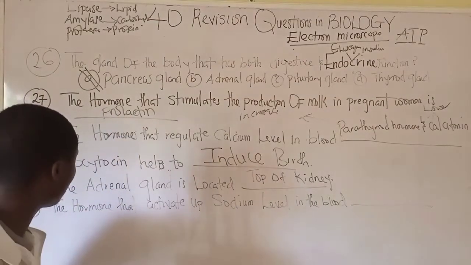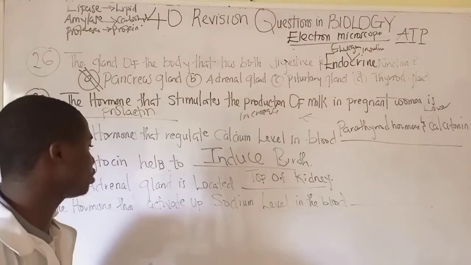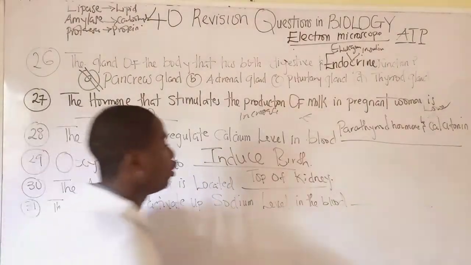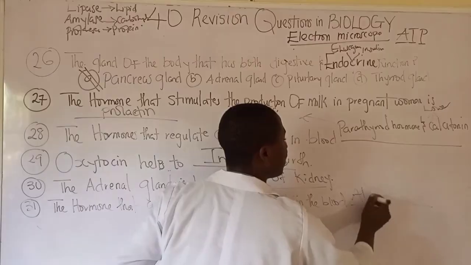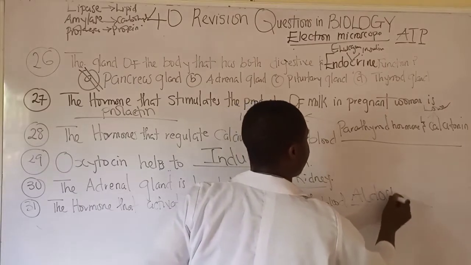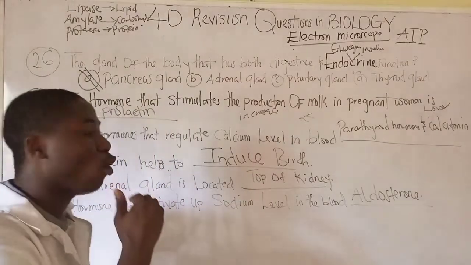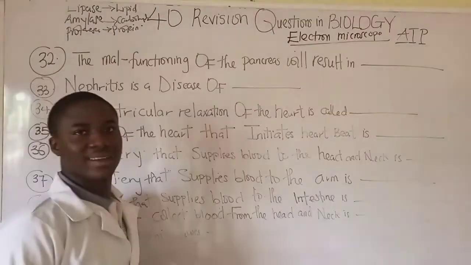So question 31 says the hormone that activates up sodium level in the blood is called aldosterone. Okay, it's called aldosterone. This is the hormone that actually activates up sodium level in the blood.